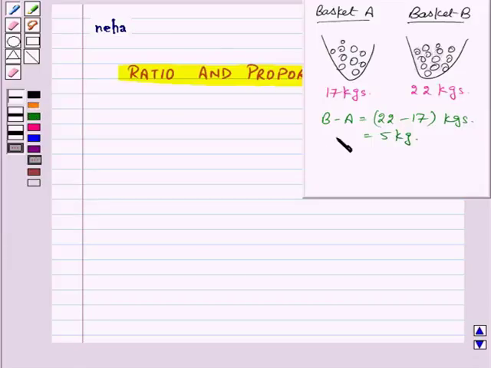So this implies that basket B is heavier than basket A by 5 kgs.